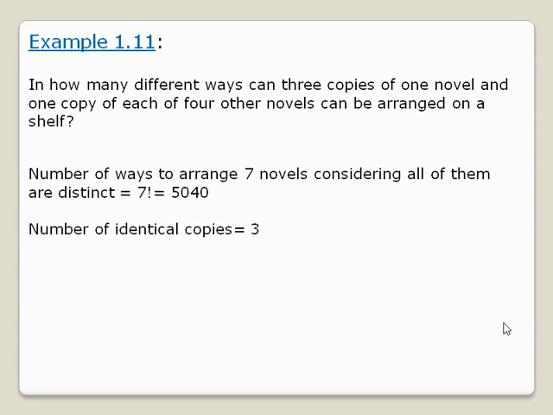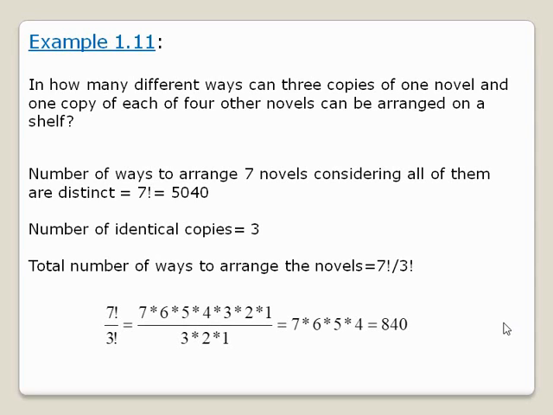But it is given that there are 3 copies of the same novel. Therefore, the total number of arrangements will be divided by 3 factorial. Therefore, the final answer will be 7 factorial divided by 3 factorial, which will be 840.